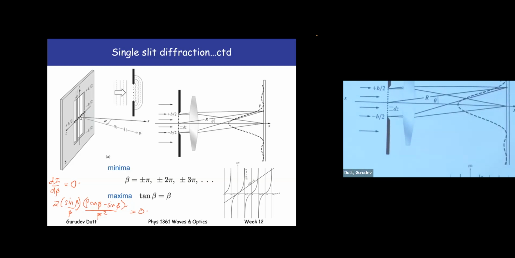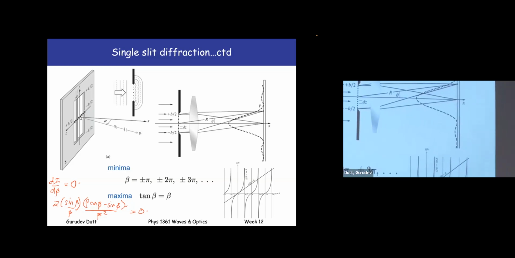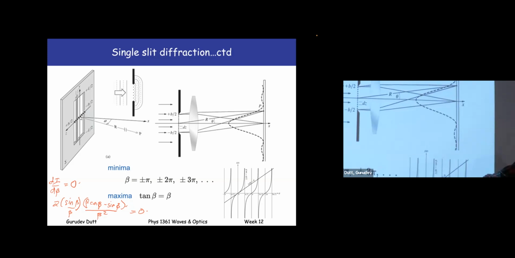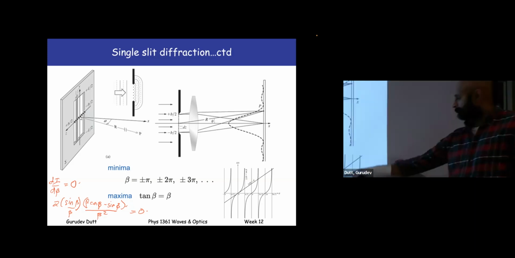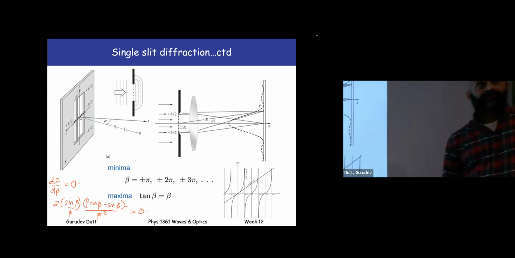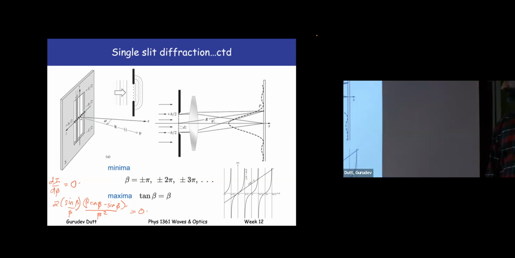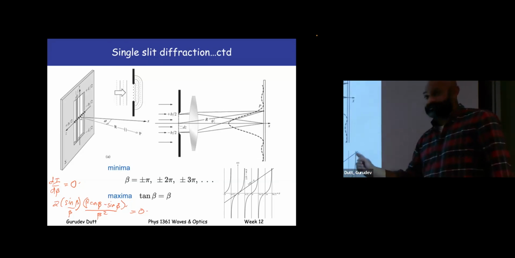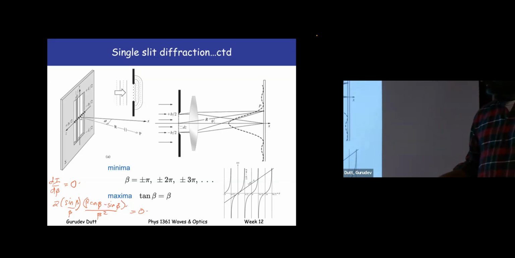So tan beta equal to beta is where the maxima occur, and to understand that, you can plot tan beta and the function beta, or you can use Mathematica to give you the roots of the transcendental equation, which gives all the different places where the intersection happens.